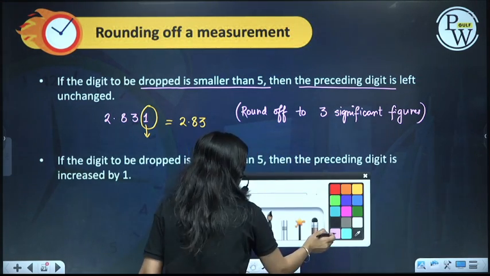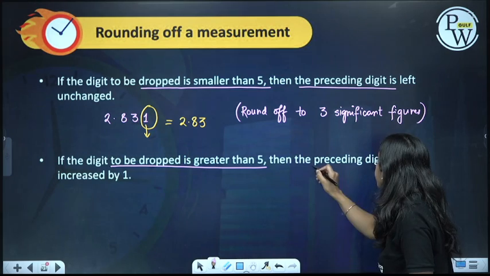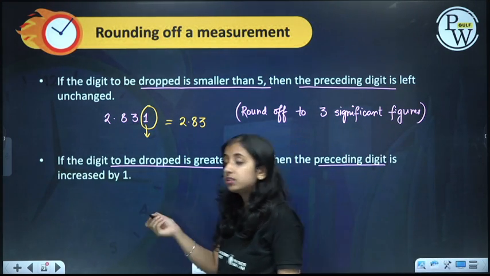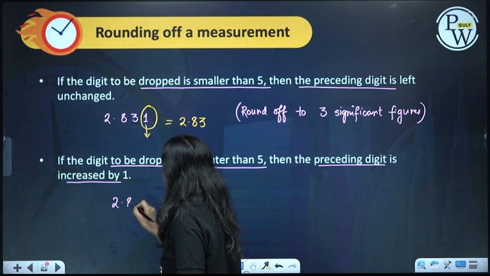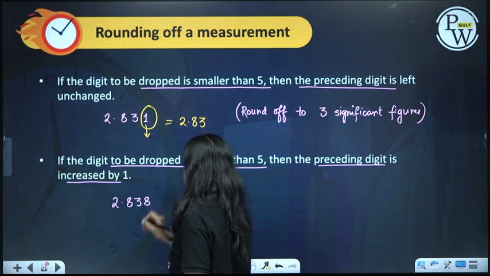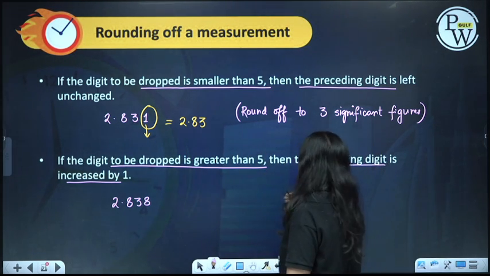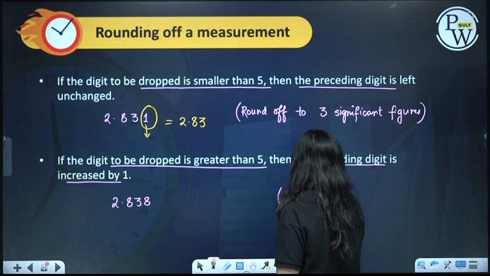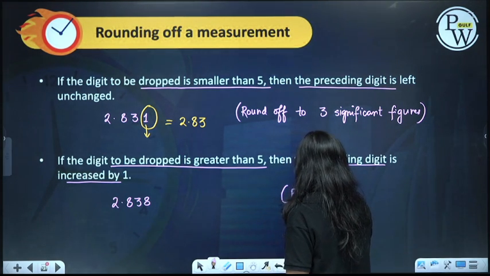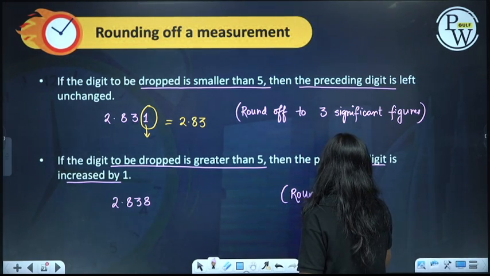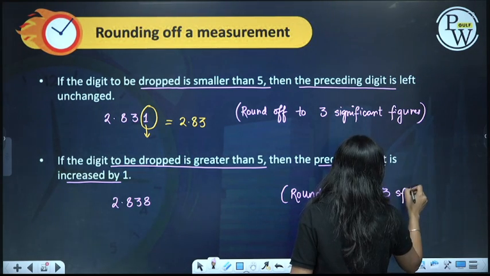If the digit to be dropped is greater than 5, then the preceding digit is increased by 1. Suppose the value was 2.838 and I asked you to round off up to three significant figures.